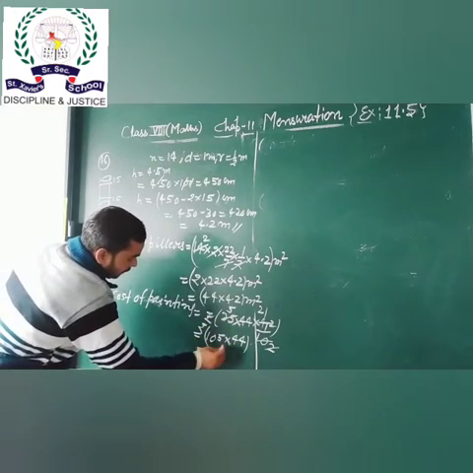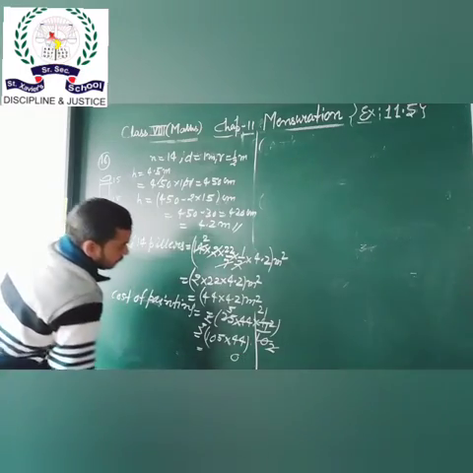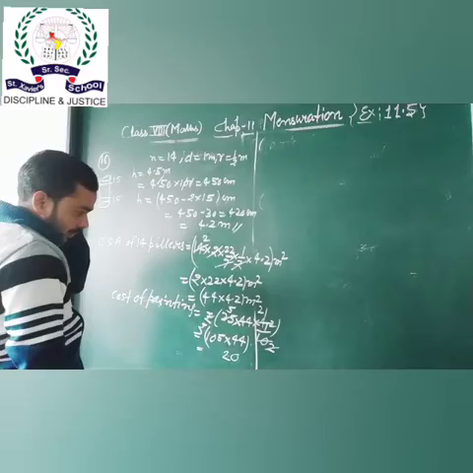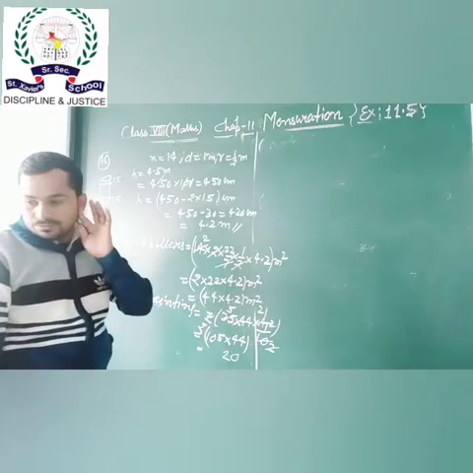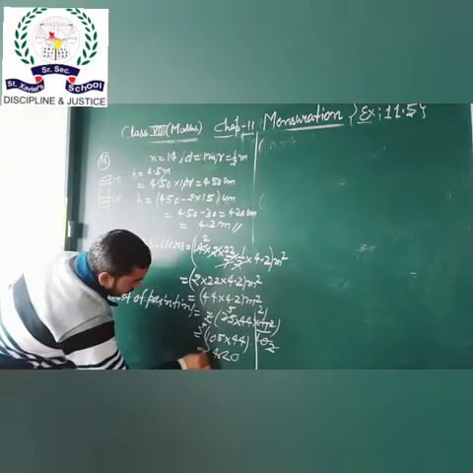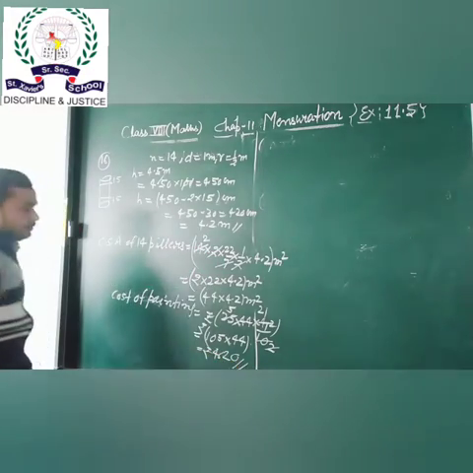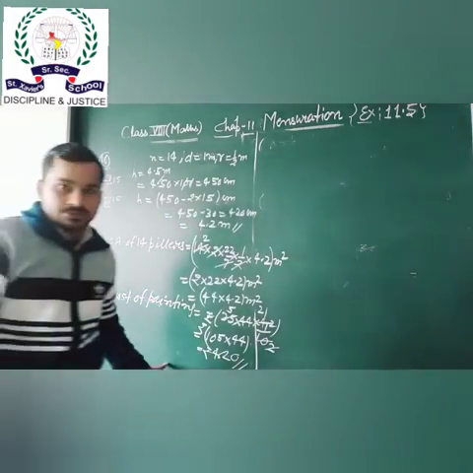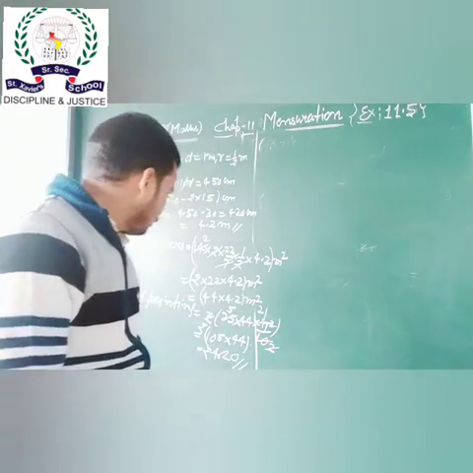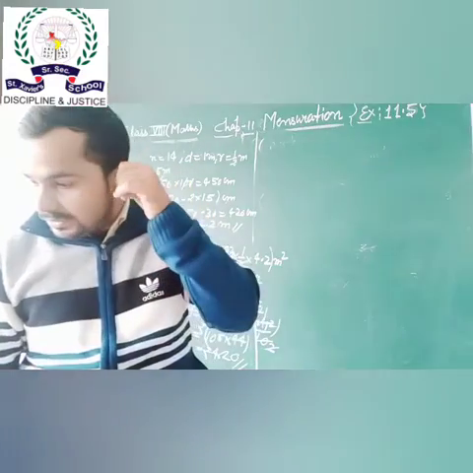So 44 5 ja 220, 2 is carry, 44 1 ja 44 plus 2, 46. So 4,620 rupees. So the cost of painting the pillars, all the 14 pillars, 4,620 rupees.